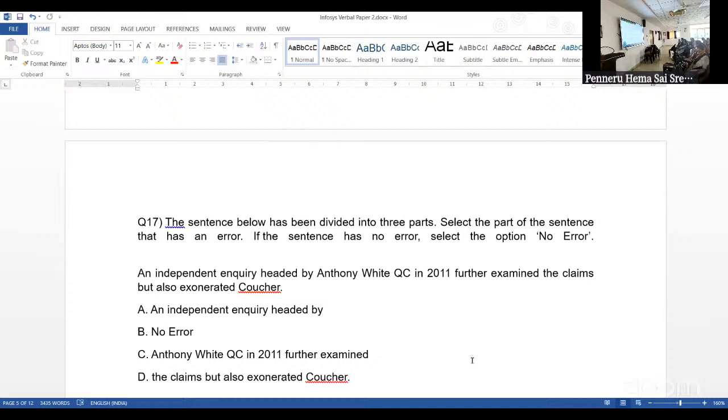No error. See why? Further. Correct. An independent inquiry headed by Anthony White, QC in 2011.